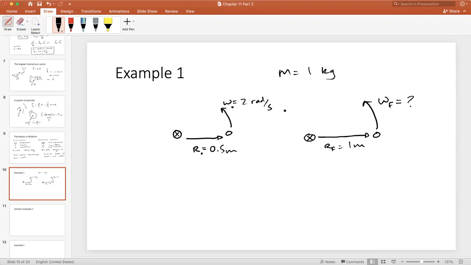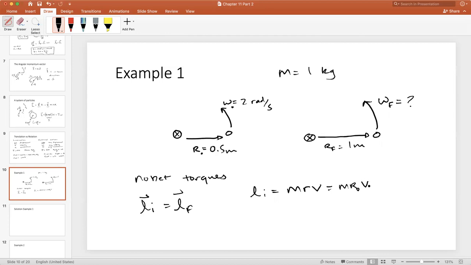Okay. So if there is no net torque acting on it, it just slides out on its own to a position that's further away for some reason, then we know that L initial is equal to L final. Furthermore, L initial is m r times v, which here is m r initial times v initial, but since v is r omega, this is m r initial squared omega initial.